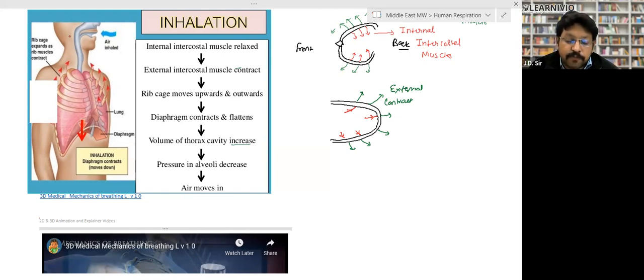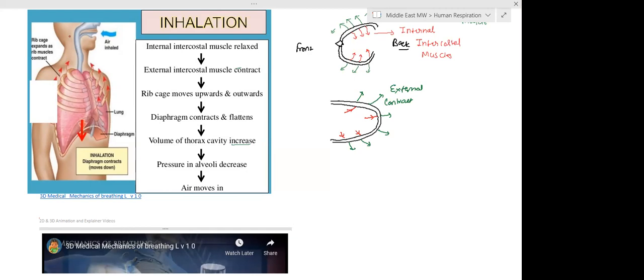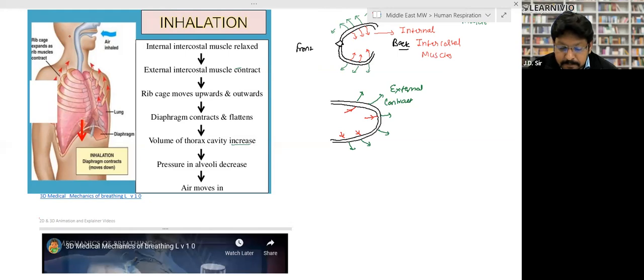Diaphragm becomes flat and gets lowered by contraction of muscle.